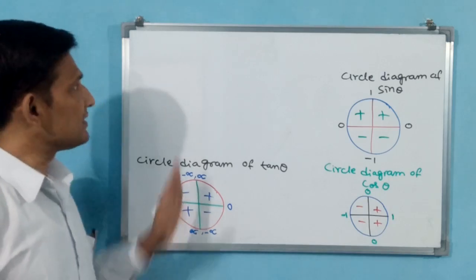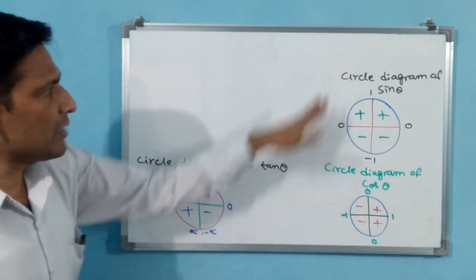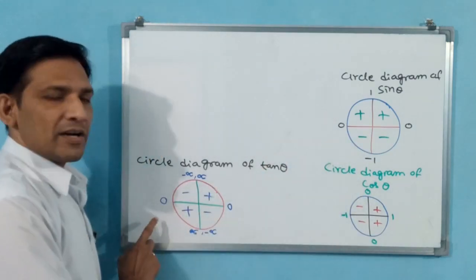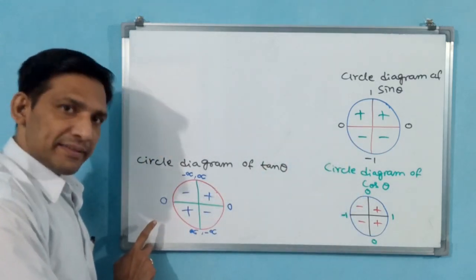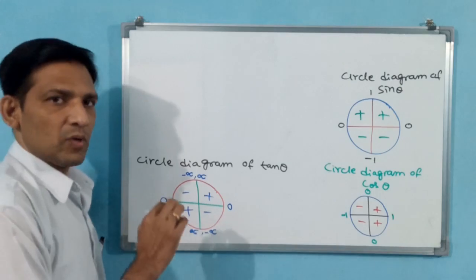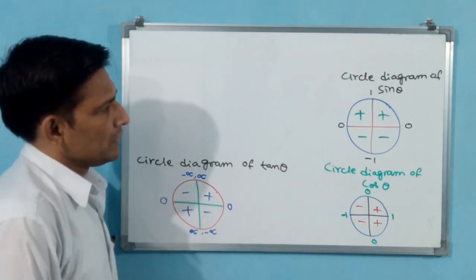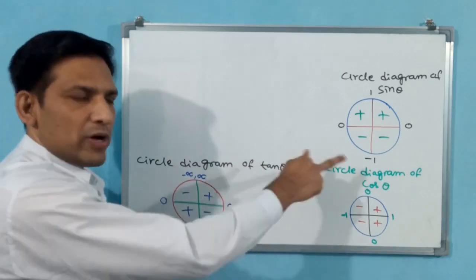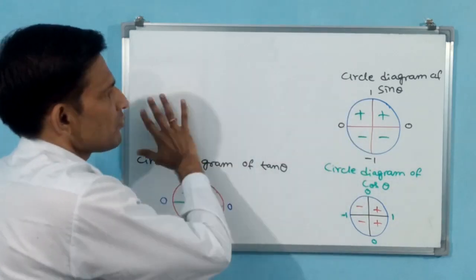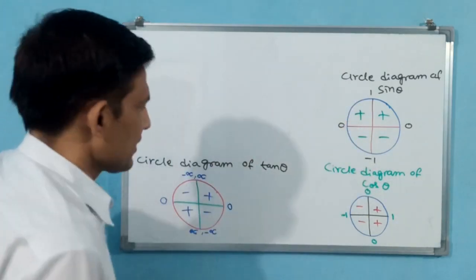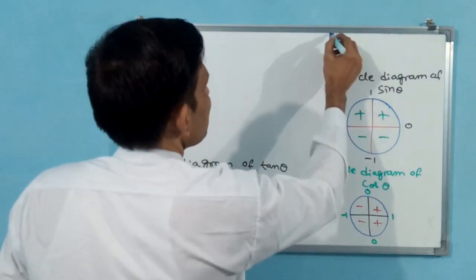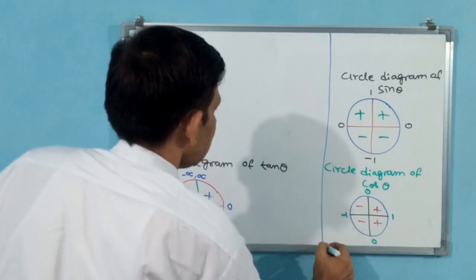If you understand this, then let us go for the graph of tan theta. I am going to rub this out. These two are not required, though without these two you are not able to draw the circle diagram of tan theta. We have to draw cot theta also. If space is available, we are going to draw the graph here only. Let me try to restrict this like this.